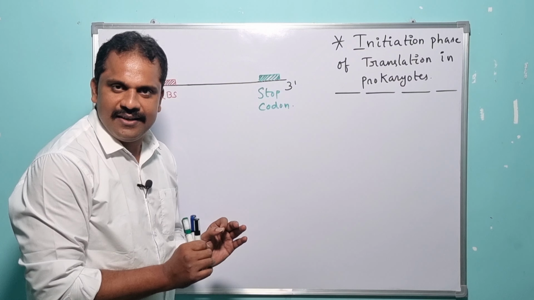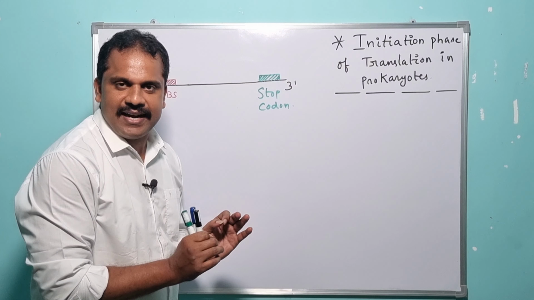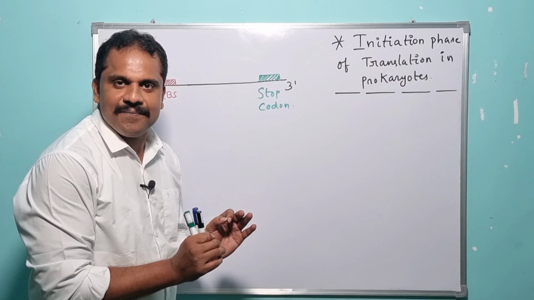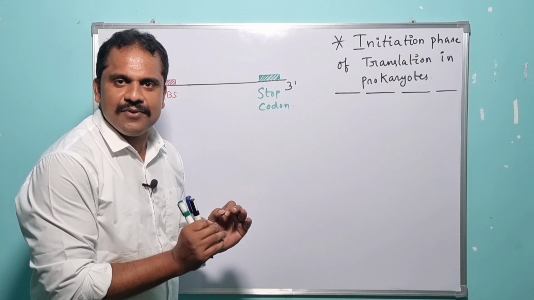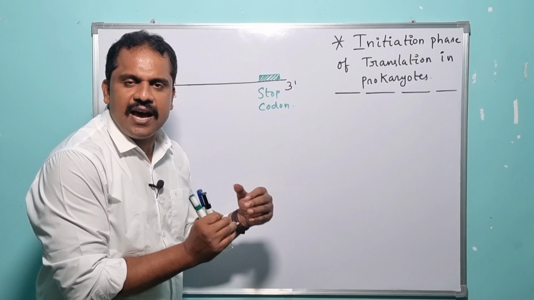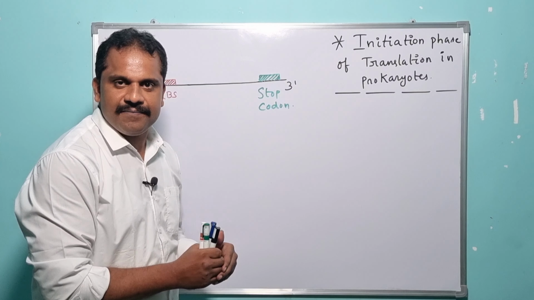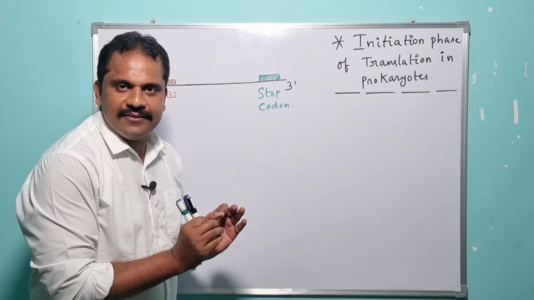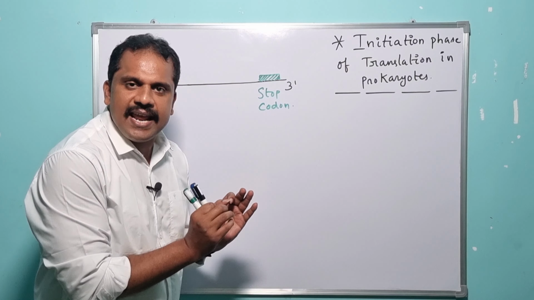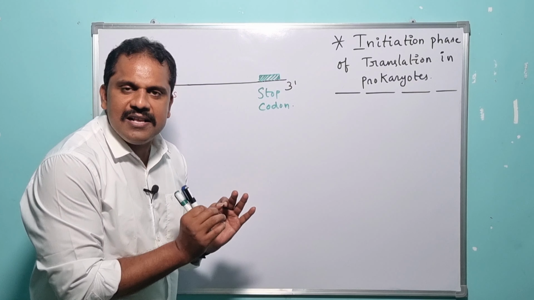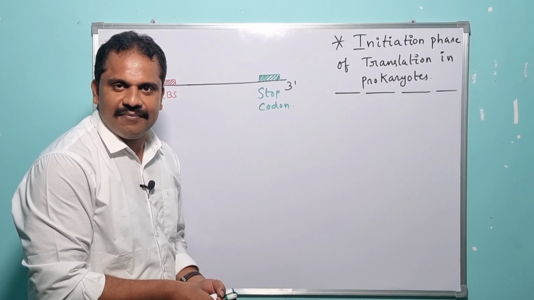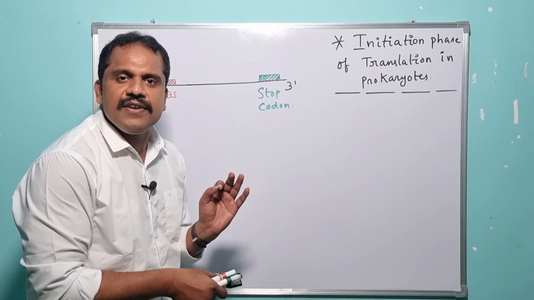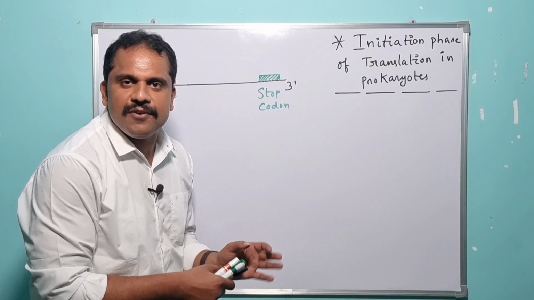So during the initiation phase of the translation, at the very beginning, the small subunit of the ribosome is ready to bind to the mRNA. In order to bind the nascent mRNA, the small subunit of the ribosome takes advantage of a specialized site known as the ribosomal binding site.